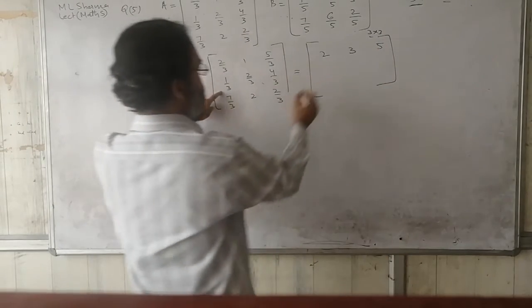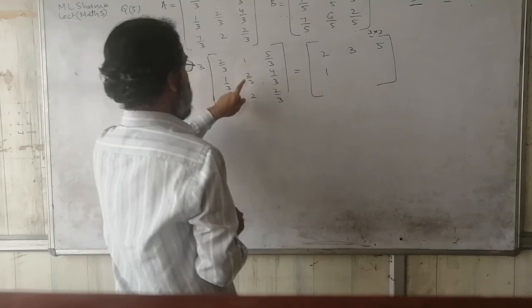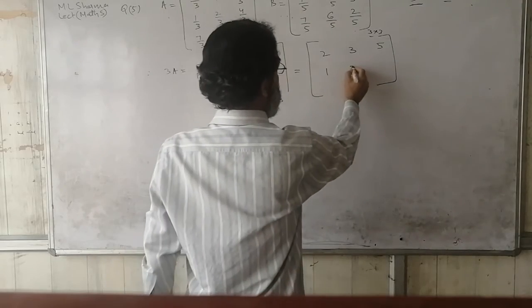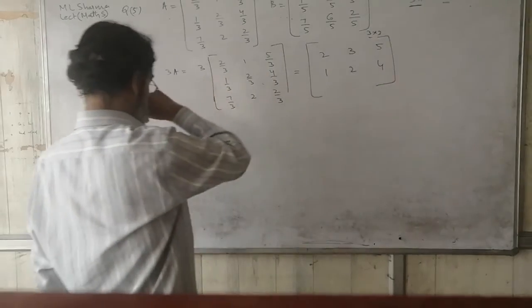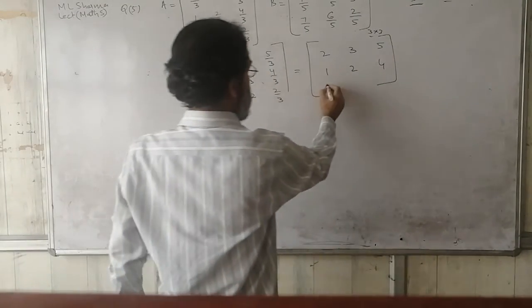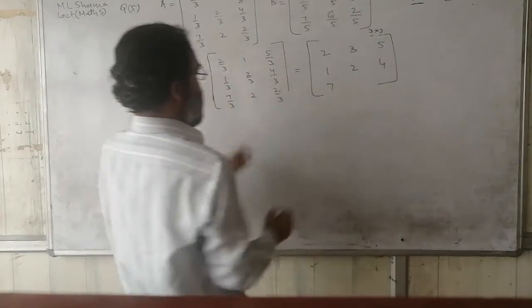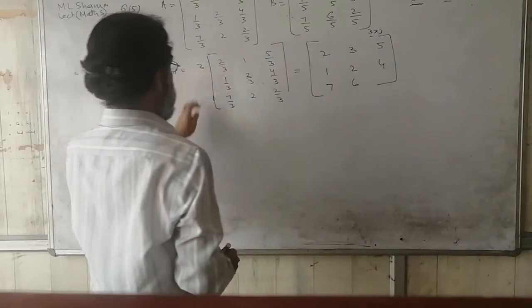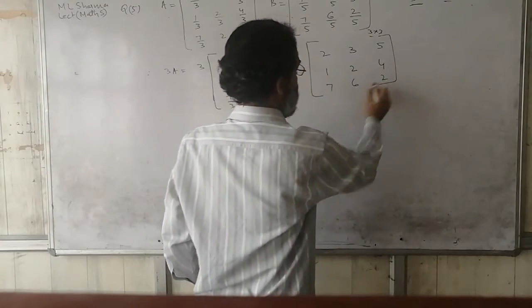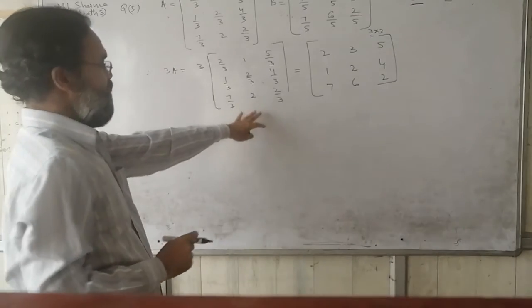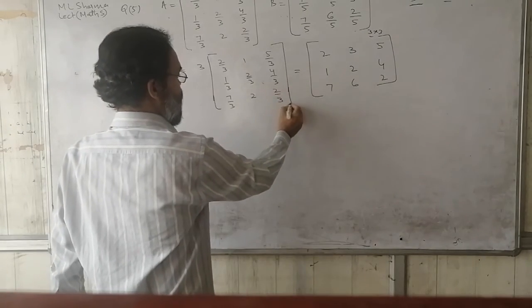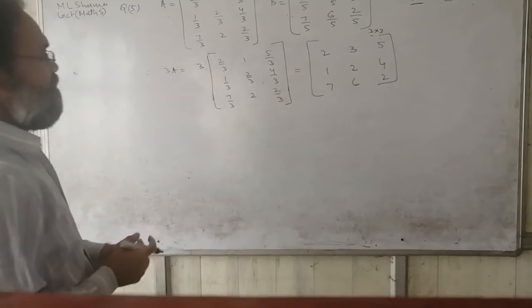Again here I will get 1, here 2, and here 4. Then here 7, then 6 here, and 2 here. So this is the matrix obtained by multiplying the elements of matrix A by scalar 3.